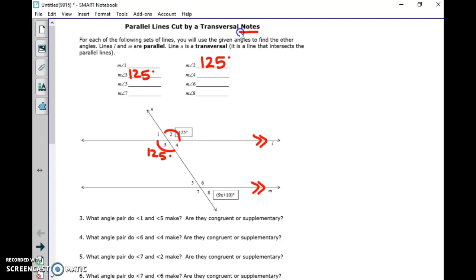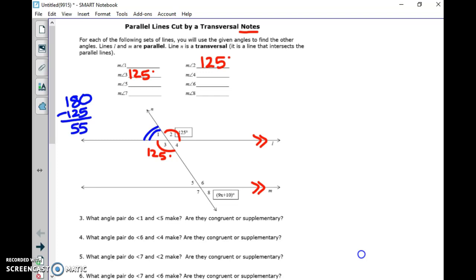And we can see that angle 1 is right next to it. We call that a linear pair. Okay. So angle 1 is not 125 degrees. It's 180 minus 125, which is 55 degrees.